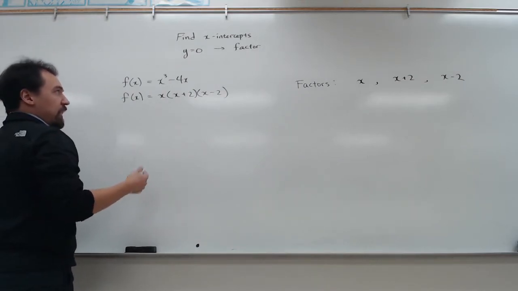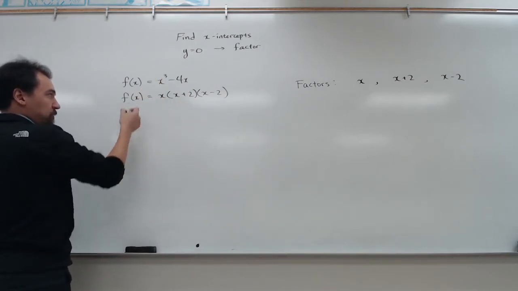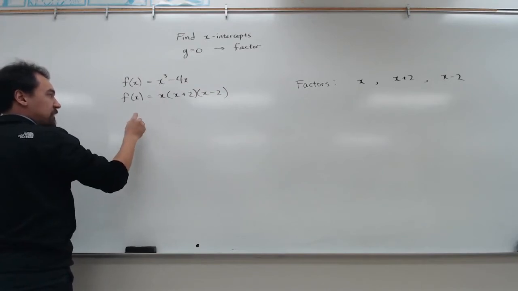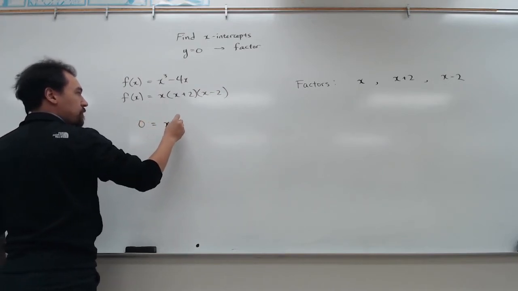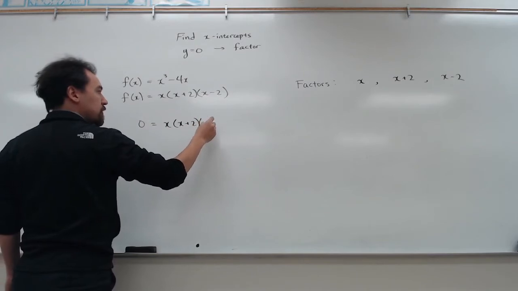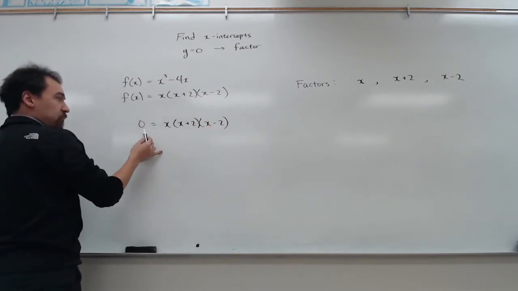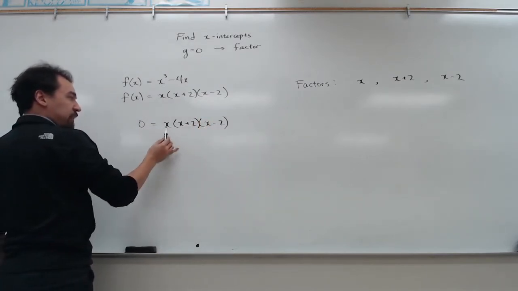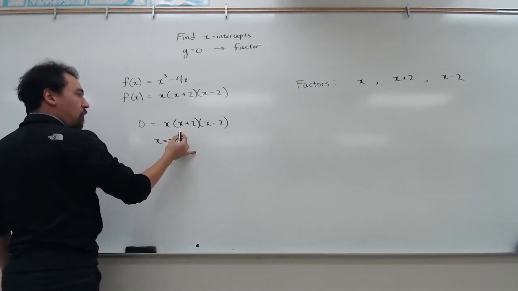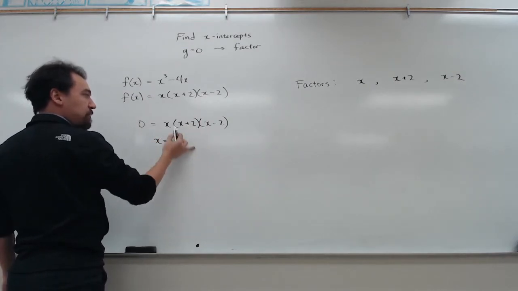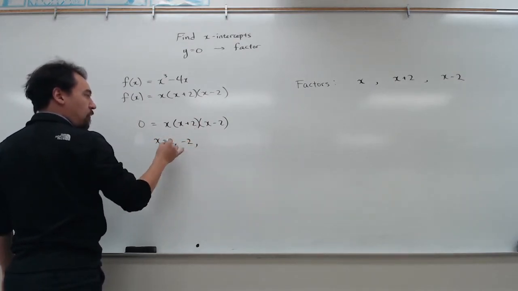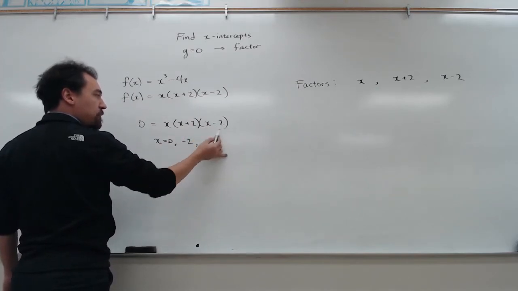Then we said, in order to find the x-intercepts, we want to make the y 0. So we'd set this equal to 0. Then we'd say, in order to make this 0, I can have either x is equal to 0, or I can have x is negative 2, or I can have x equals 2 to make this whole thing 0.